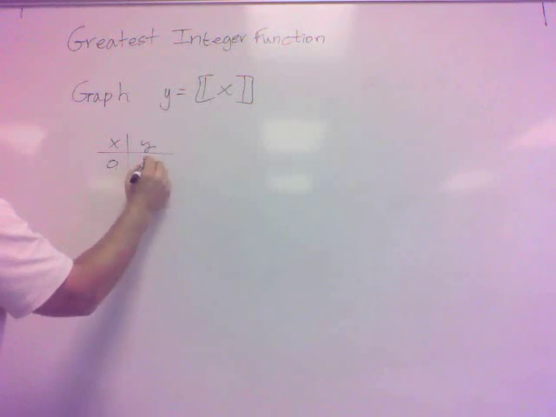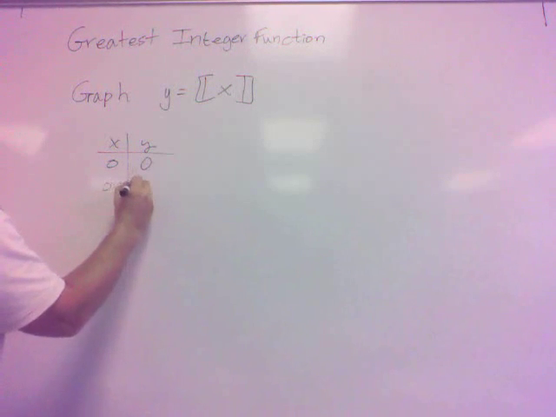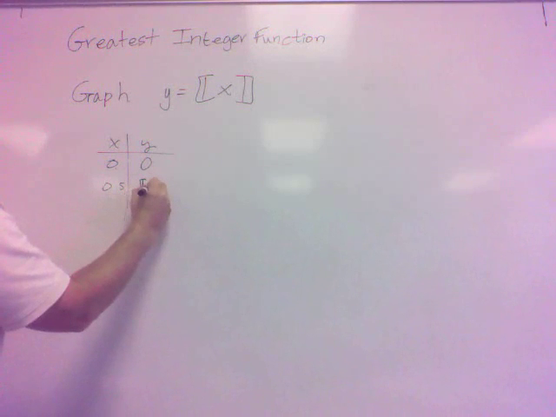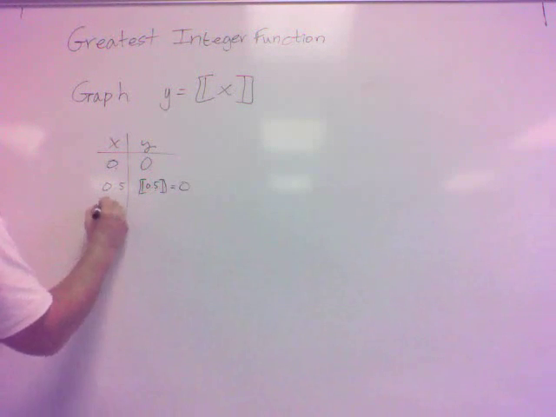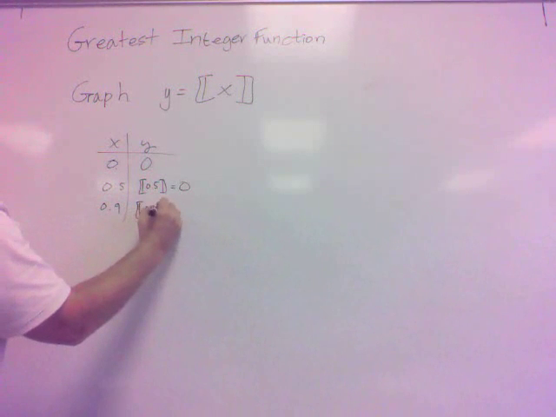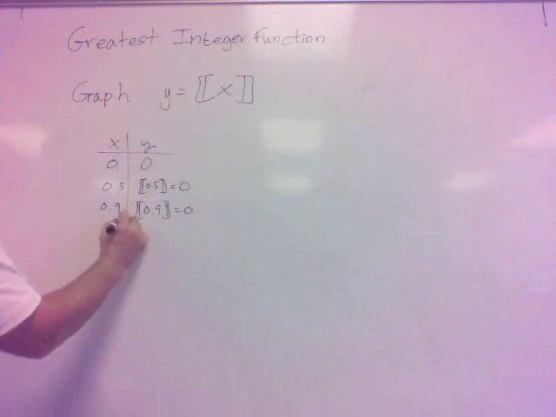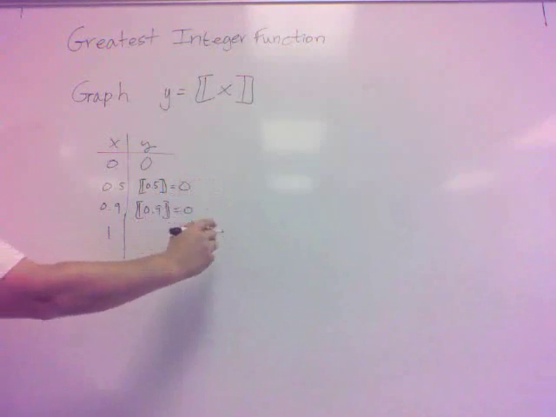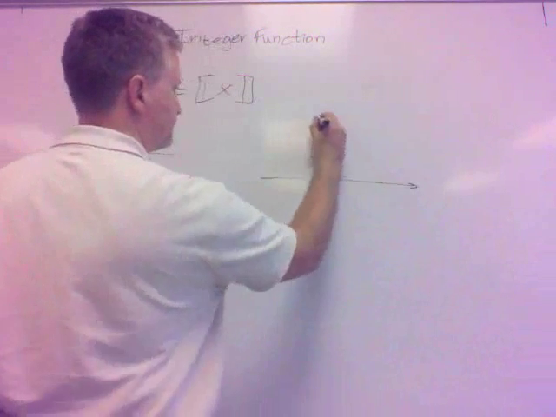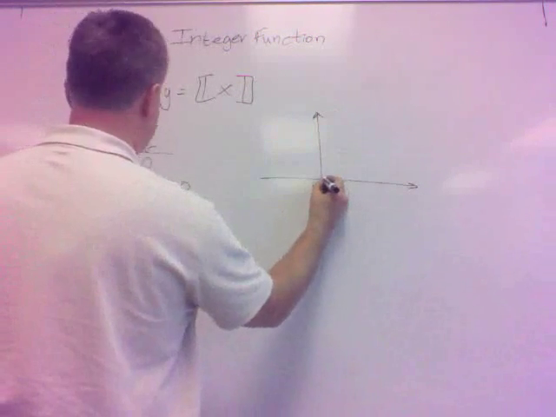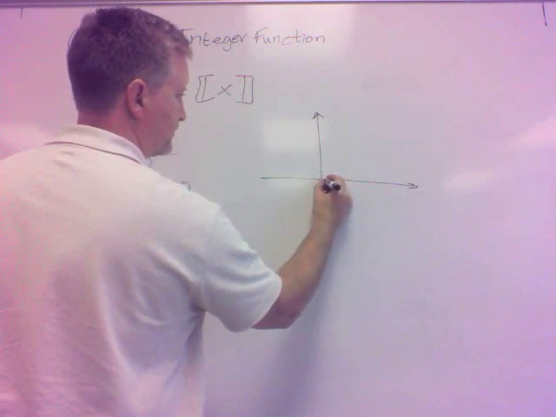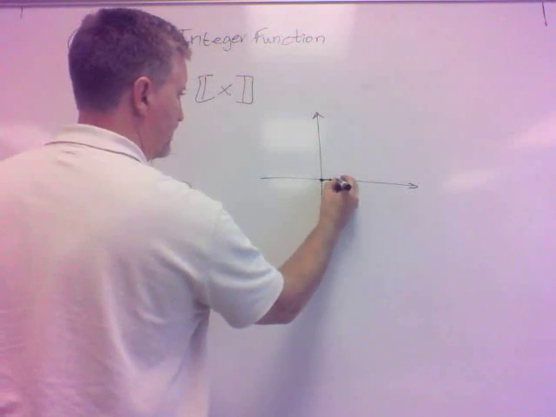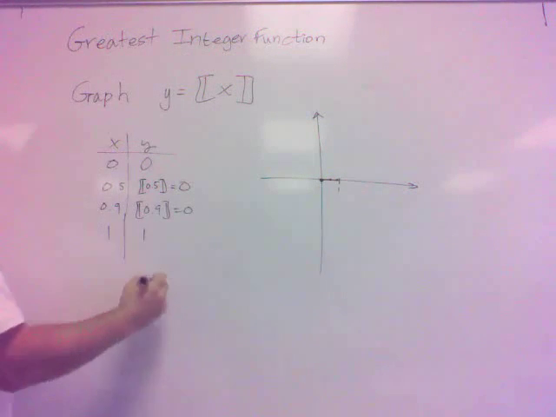When x is 0, the greatest integer of 0 is 0. At 0.5, what would that be? 0. At 0.9, that's also 0. Until you get to 1, the y values are all 0. So all the way up until you get to 1, you're at 0, and then at 1, it jumps up to 1.